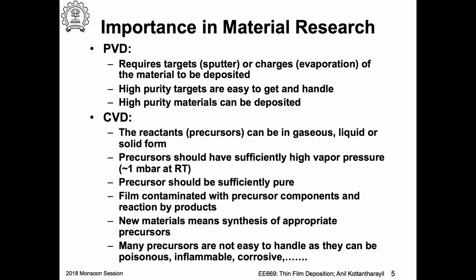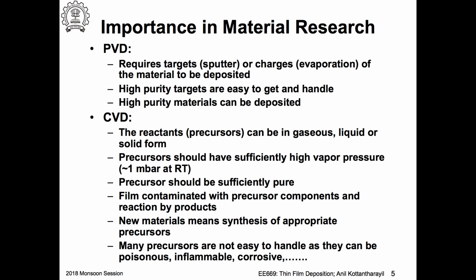CVD, on the other hand, has a problem. You need the reactants typically in gaseous, liquid or solid form, but these are not the final materials you want to deposit. They would go through some chemical reactions. Okay. That is why you call it a chemical vapor deposition process. Now, the precursor should have sufficiently high vapor pressure.